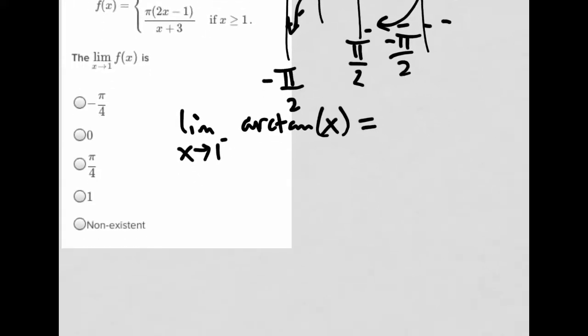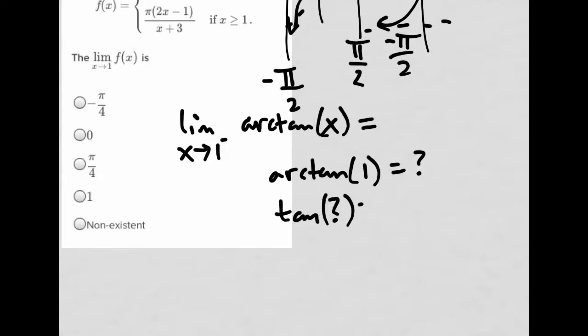Well, we can use direct substitution. Arctangent of 1. What does that equal? Well, that's the same thing as saying tangent of what equals 1. And remember, that happens on the unit circle at pi over 4. Oh, look at that. Pi over 4 is one of the answers. Maybe it's pi over 4.